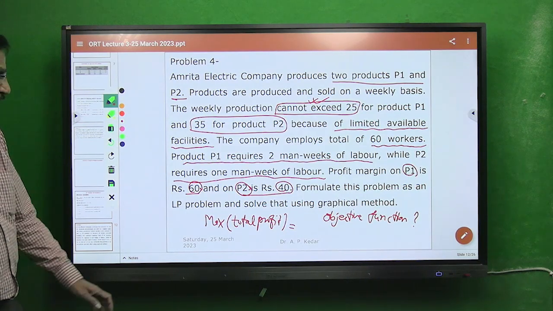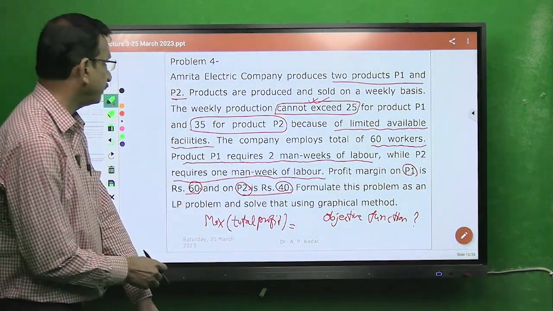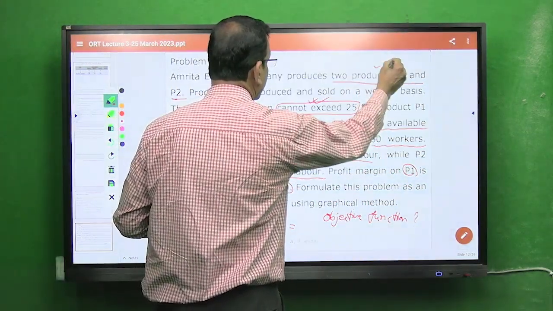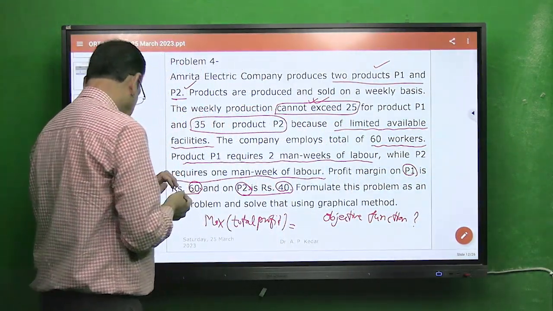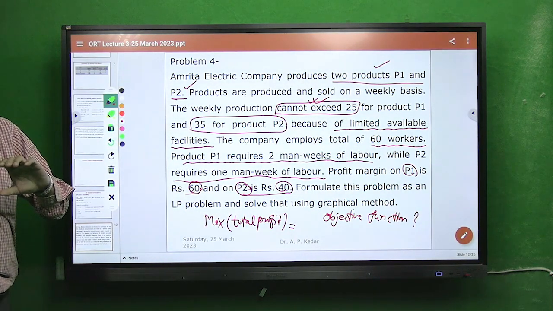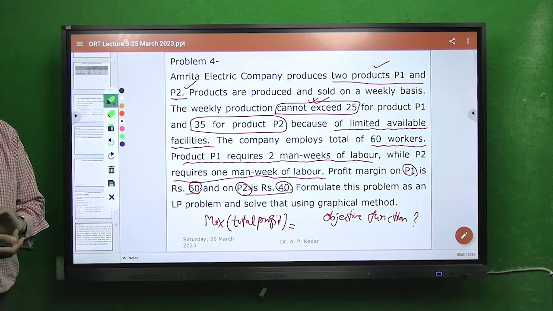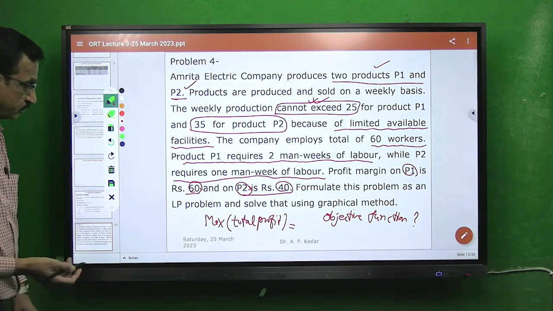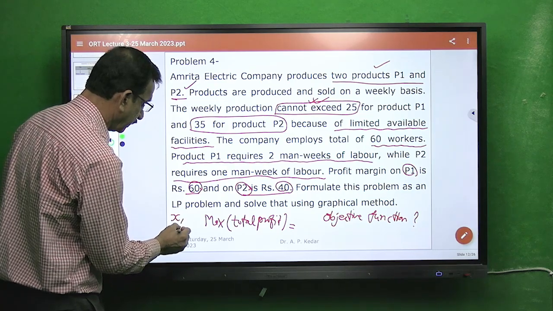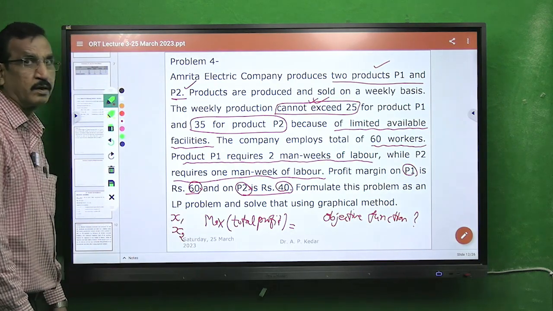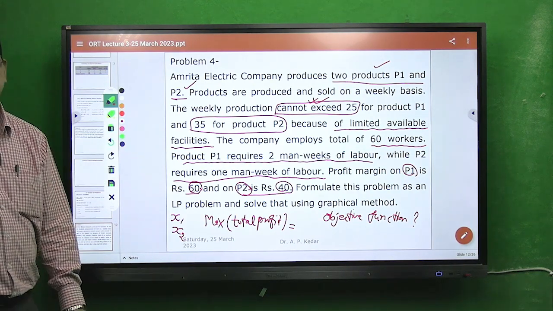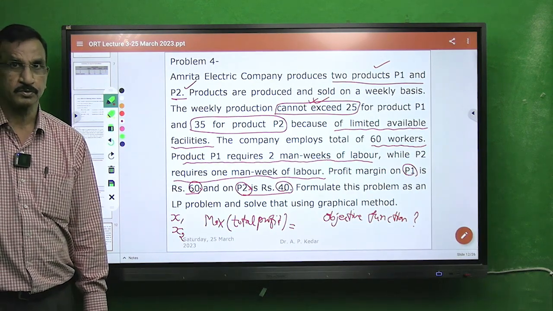And now since it is asked to formulate this problem as an LP problem, and the company wants to decide on two products, P1 and P2, in such cases, we have seen that whenever we want to take a decision regarding how much to produce, we assume things, like let x1 and let x2 be the amounts of units of product P1 and product P2 to be produced.